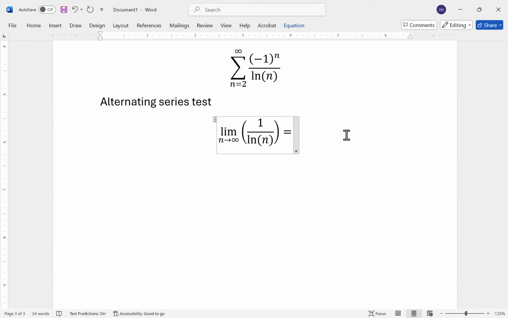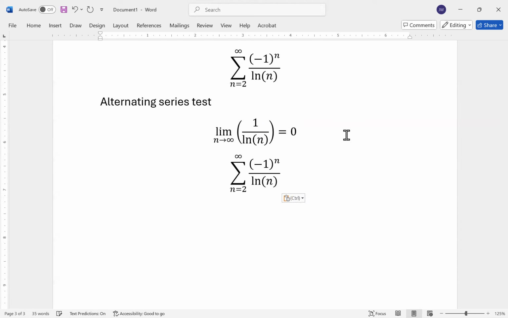As n grows, the natural log of n also grows. Therefore, 1 over the natural log of n is going to get closer and closer to 0. So by the alternating series test, this alternating series by itself converges.